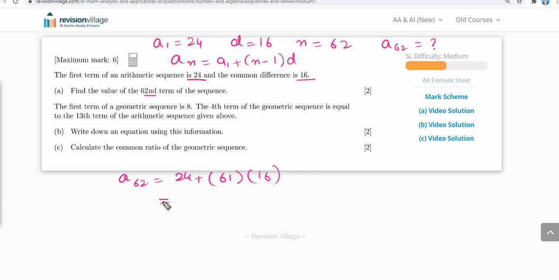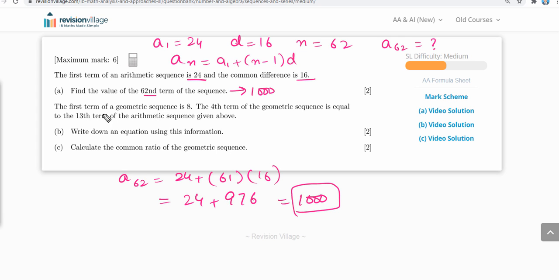So from here I'll get my 62nd term. So it will be 24 plus 976. So 976 plus 24 will give us the answer 1000. So the 62nd term is equal to 1000. Now let's see the next part.